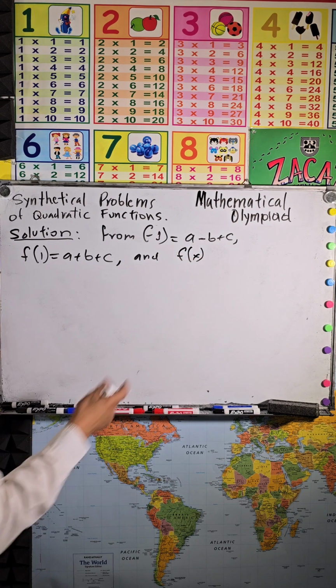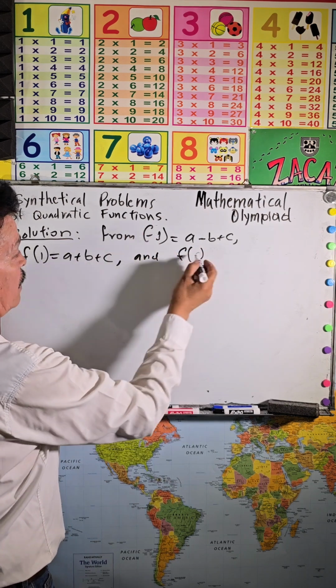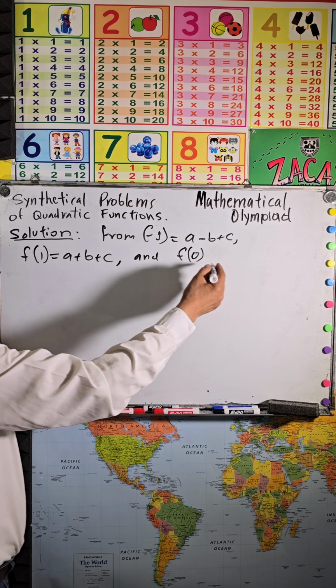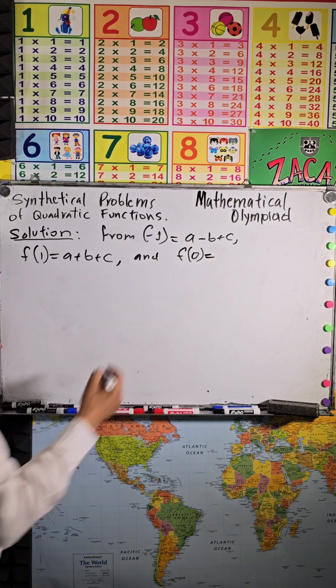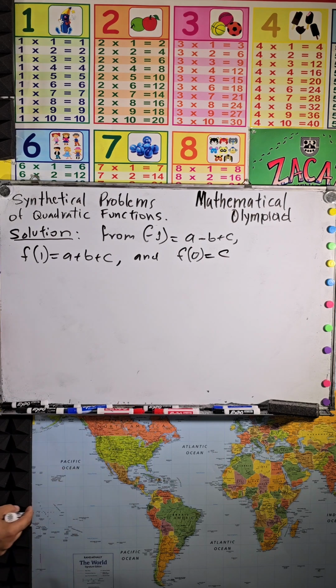We have negative 1, positive 1, and 0, negative 1, positive 1, and 0 equals here, should be c. All right.